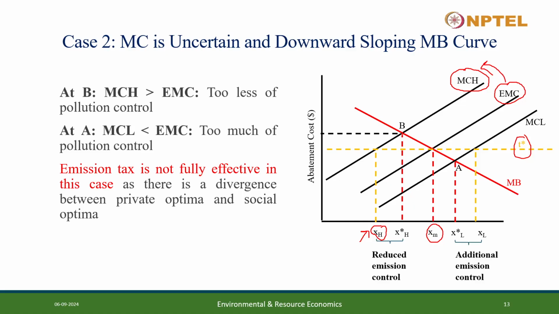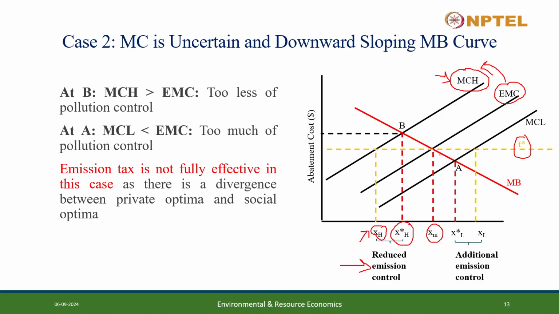However, if the policymaker knows the actual MCH, then the optimum level will be this one, X star H. So there is reduced emission control in the case when the marginal cost is higher than the expected marginal cost. So that is in the first case.